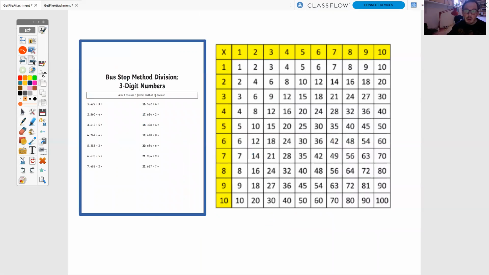Now, with the maths today, if you're feeling confident, you're feeling great, you want to go for it, there was some optional maths with lots of division questions that you can just get cracking with. Now, I leave that up to you, but if you're feeling like, actually, if I just practice this another little bit, I'm going to be the master of short division. I'm going to be king of the bus stops, or queen of the bus stops, lord of the bus stops.